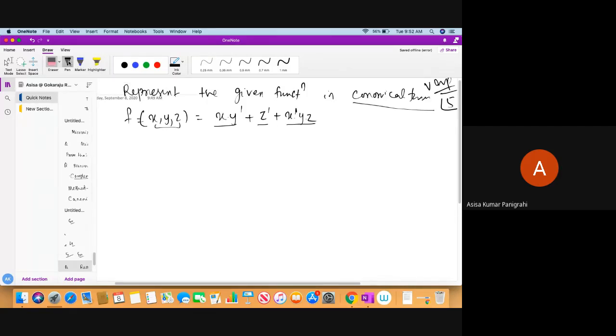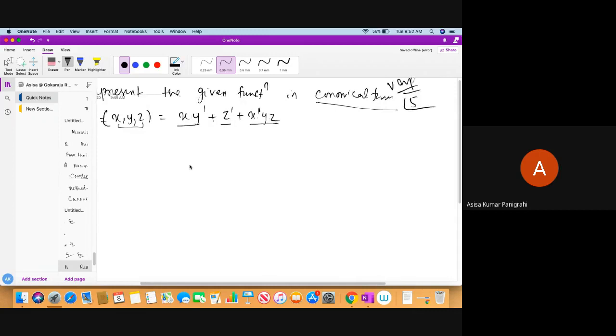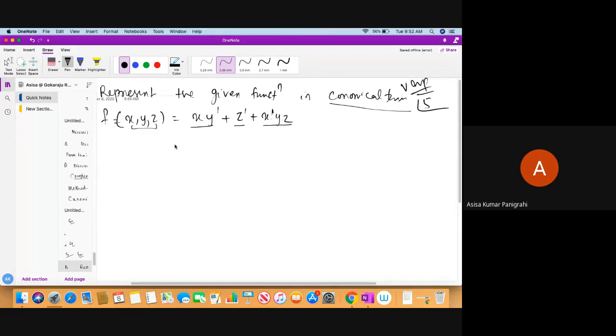Step 1: identify the missing variables in each term. In each term you need to find the missing variable.